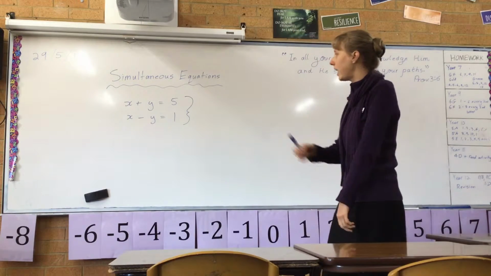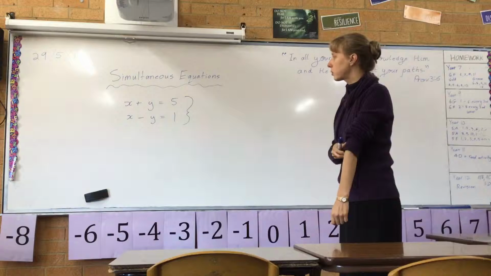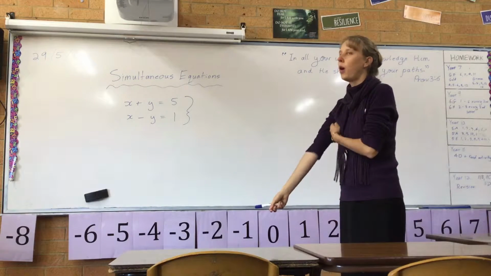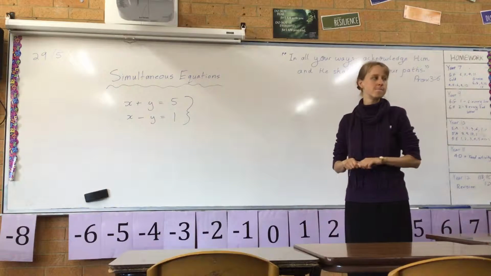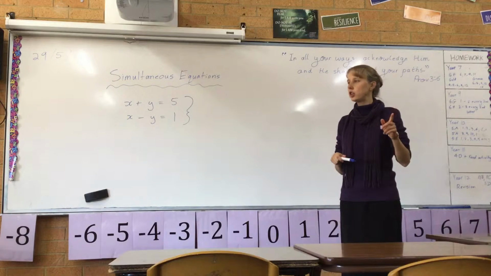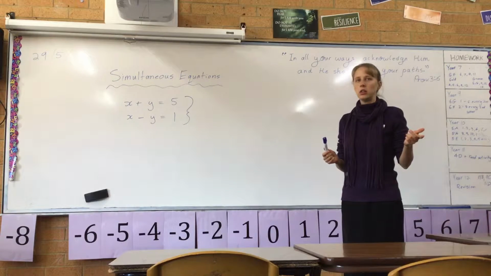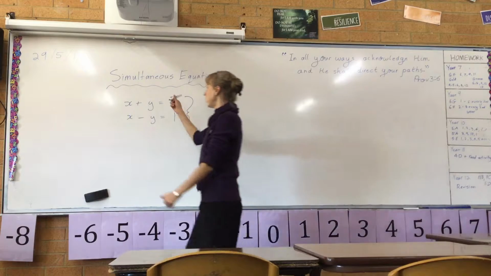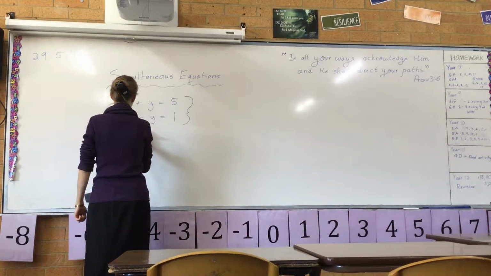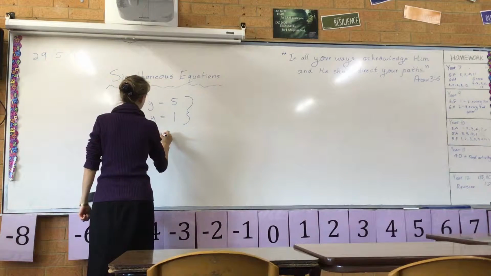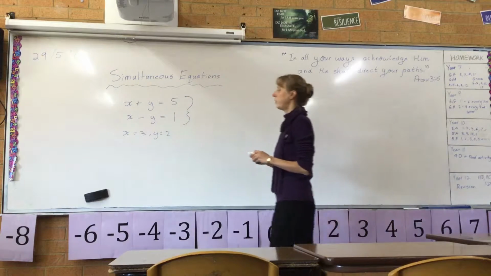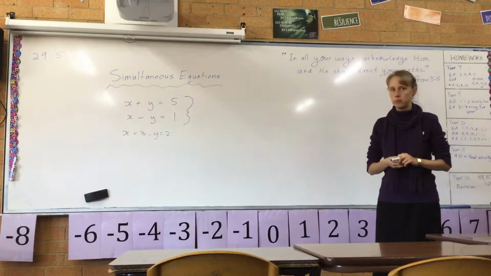Now that we say that not only is x plus y 5, but x minus y is 1, what would x and y have to be? 3 and 2. Do we all agree? Yeah. So x has to be 3, and y has to be 2. We add 3 and 2 together, it's 5. 3 minus 2 is 1.